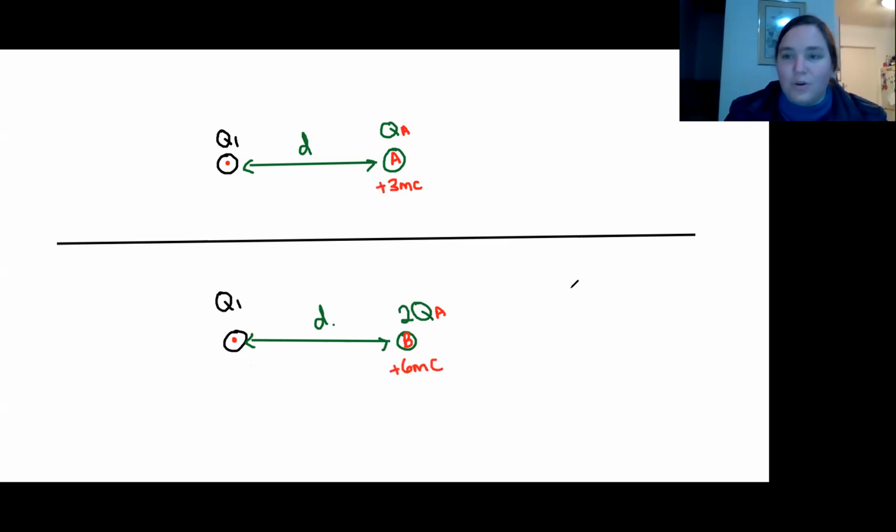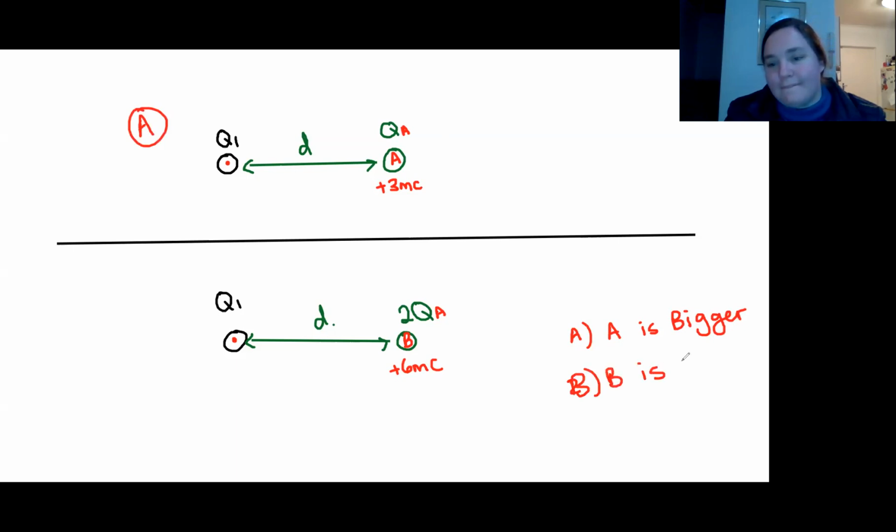We can even put a charge on here so that you understand the question. For all of the questions I'm about to ask, the options are: A says that A is bigger, where A is the top scenario. The second option says that B is bigger. And the third one says that both are the same.